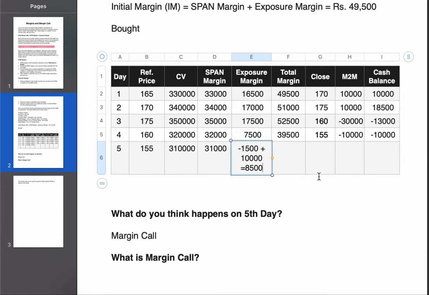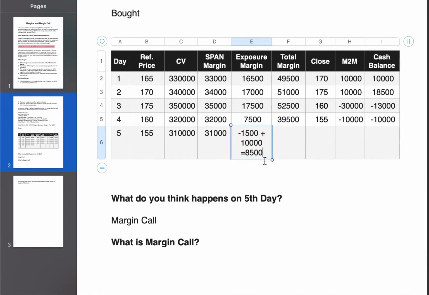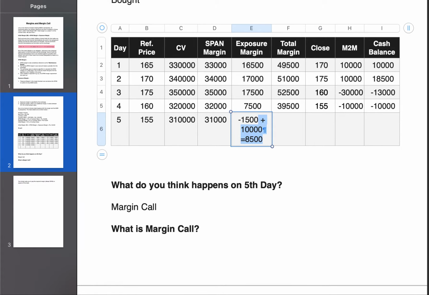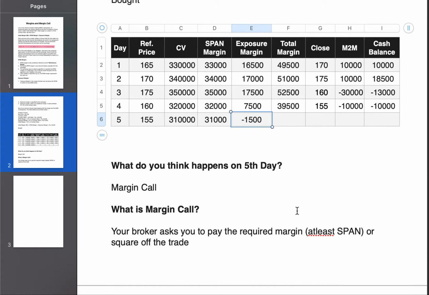So that will be my new exposure margin after I have paid for the margin call. Yeah, it'll be 8,500 rupees after I've given a call and I said, okay, I'll pay you 10,000 rupees. So I have significantly gained some exposure, I've got a cushion, and my span margin is still intact.